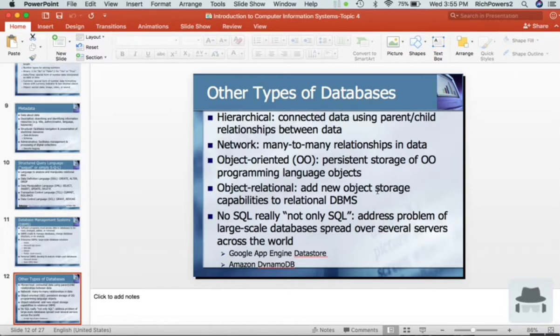Network is a variant of hierarchical. Object-oriented and object-relational. There was a big push around supposedly moving from relational to object-oriented databases. What ended up happening is most relational databases just adopted object functionality into them.